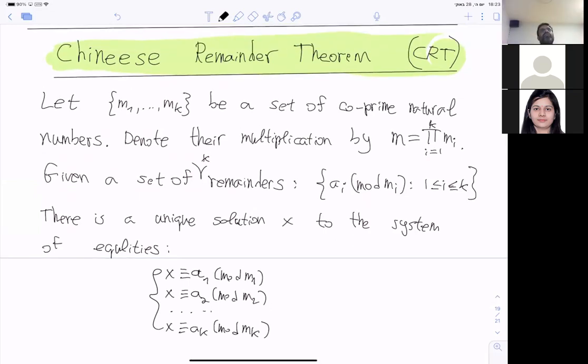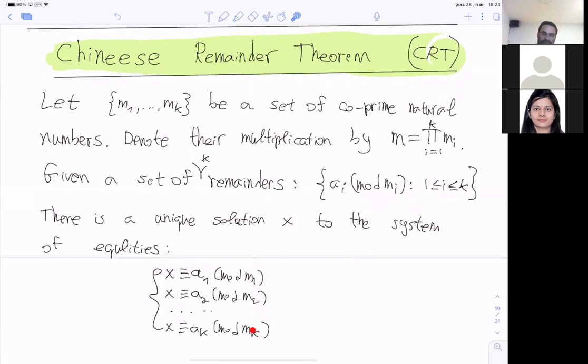What does it say? In other words, it says that I want to reveal X. I don't know what X is, but I do know its remainders modulo a set of coprime numbers.